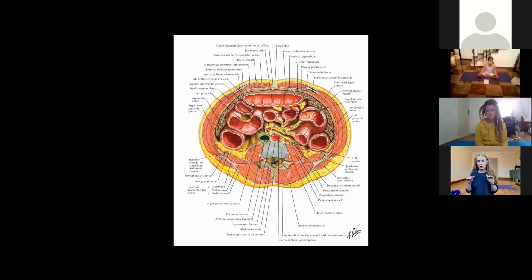I adore cross sections. If you want to know about anatomy, look at cross sections. So here's your spine. So you're looking towards the front of the body. This would be your rectus abdominis. Here's all of what I call your core body, which is your organs. And around here on the outside, we have essentially what are called the core muscles.